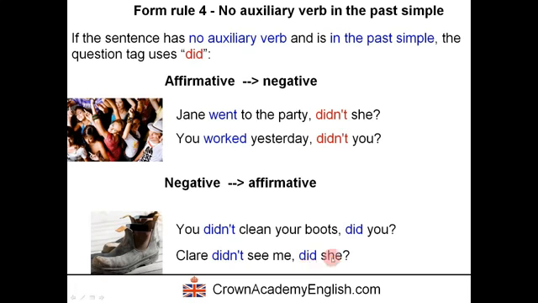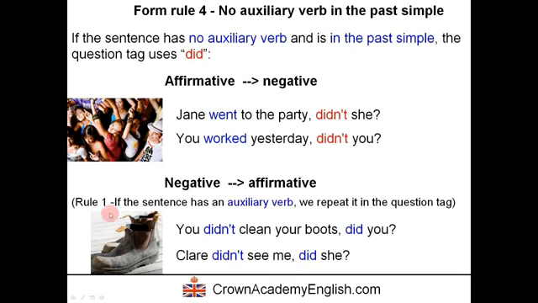Claire didn't see me, did she? So again, didn't see, this is the negative form of the past simple. Negative to the affirmative. Did she? Okay, and again, this actually also follows rule number 1 because didn't is also in fact an auxiliary verb.